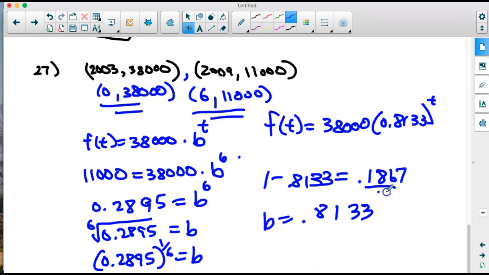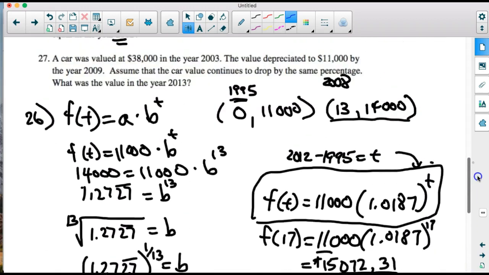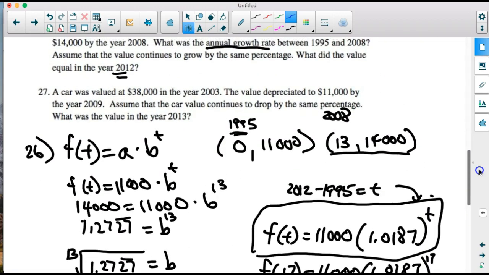So this is my rate of decay, or of depreciation in this case. So we'd say we're depreciating 18.67% per year. Okay, that's what we're getting out of this, is depreciating that much every year.